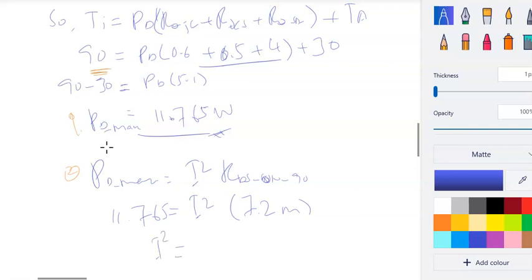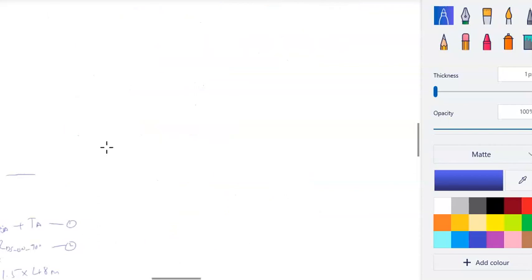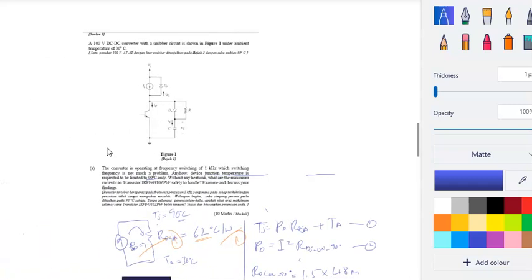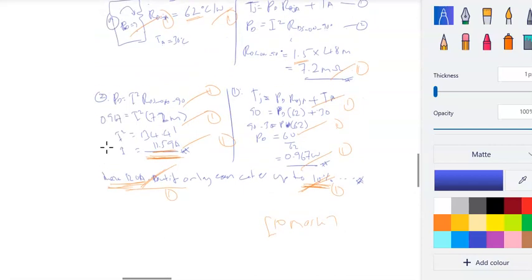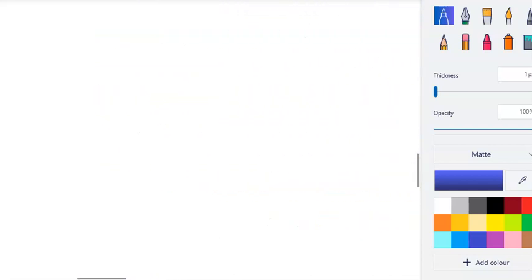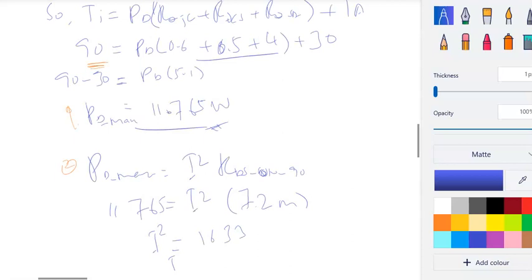So I square is equal to 1633, so I is equal to 40.42.